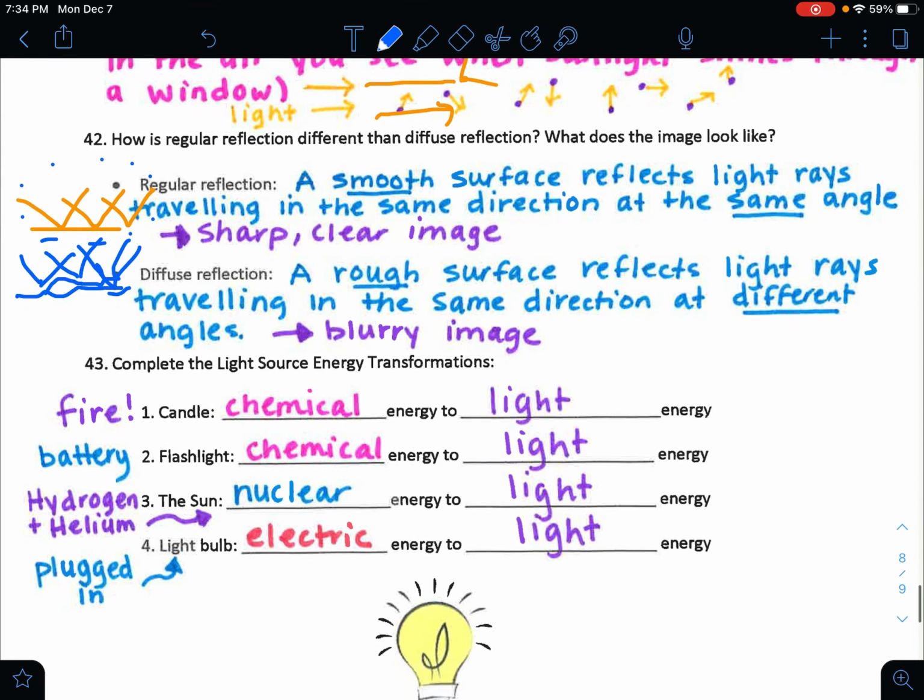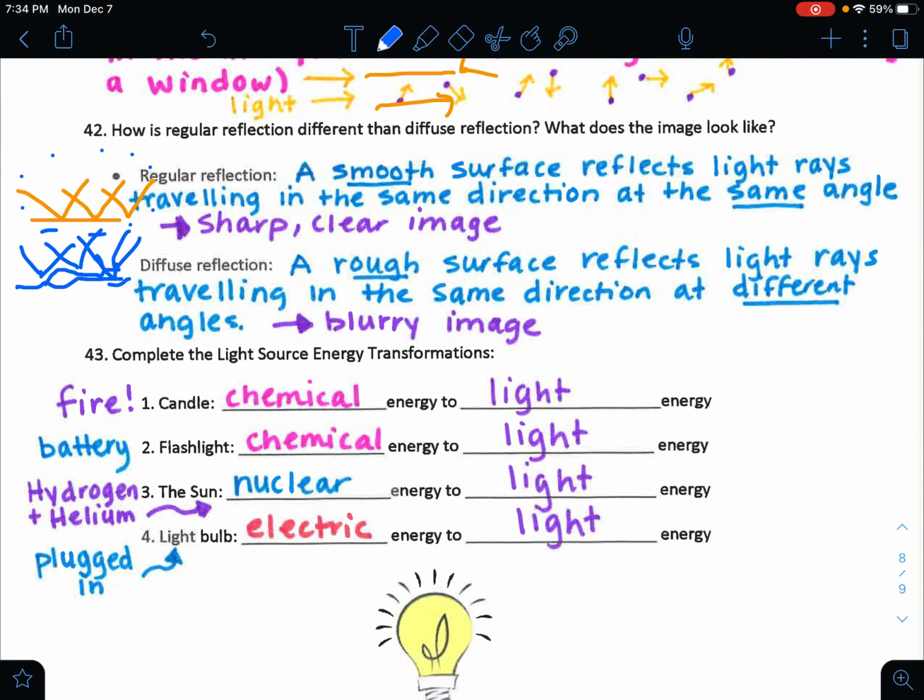So then we have a few energy transformations here. So we're pretty good at energy transformations. So, energy transformations that result in light. Okay, so we have a candle that's chemical. So the wick is specially treated, that when we ignite it, when we add flame to it, it will produce light and thermal energy. Also, it's hot. So fire does the same thing.